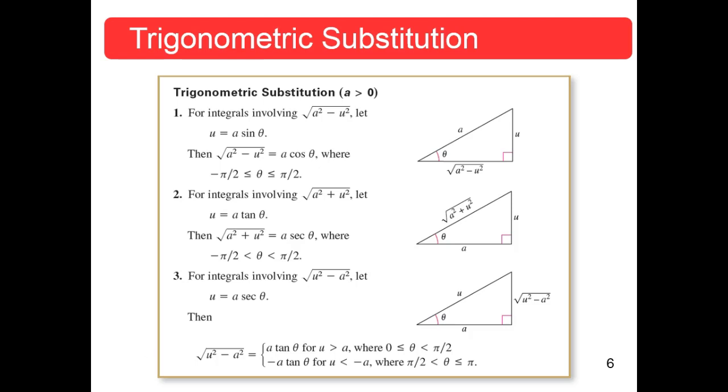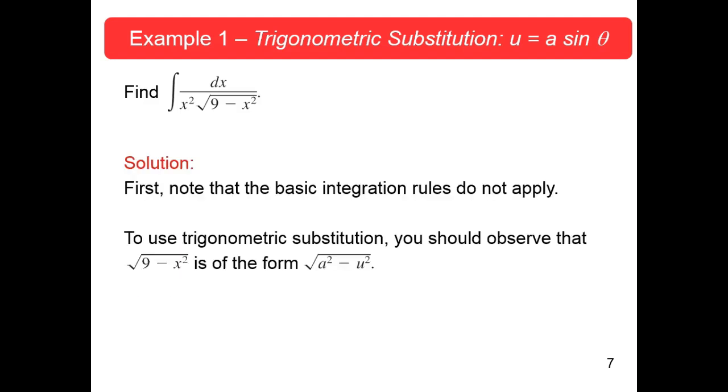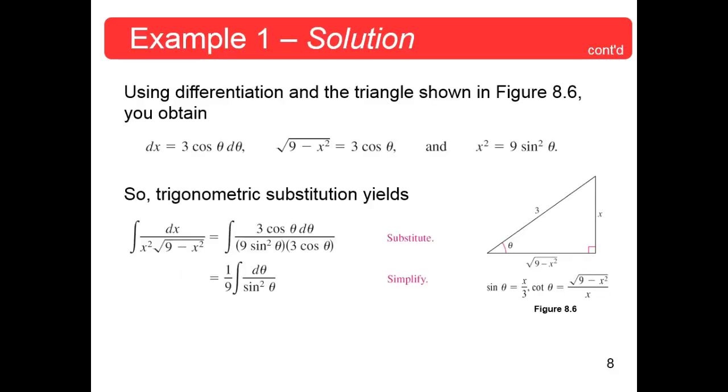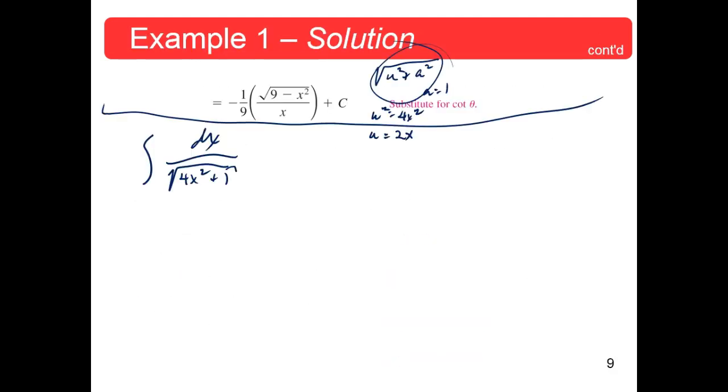Okay? So let's go back where we were. All right, so we are going to let not x now, but 2x, that's your u, equal a, which is 1, tangent theta.